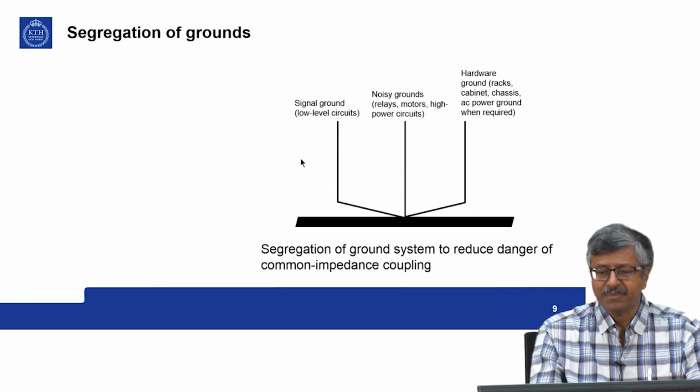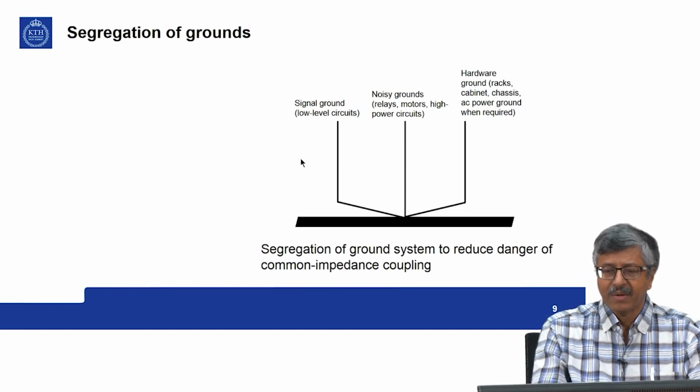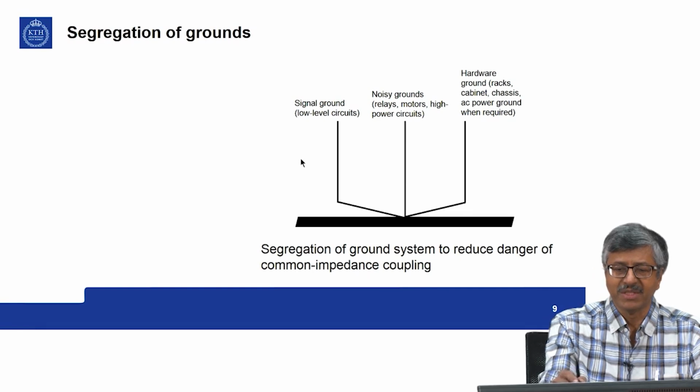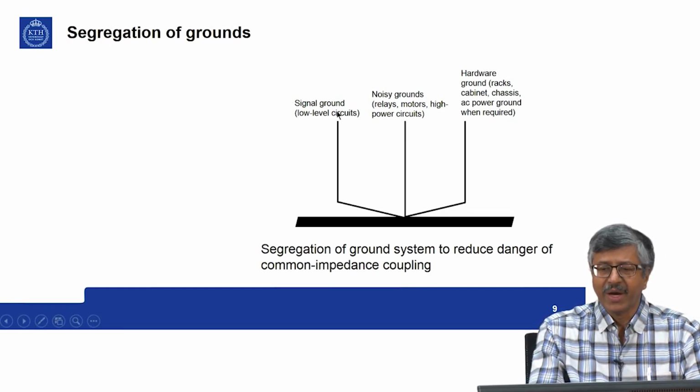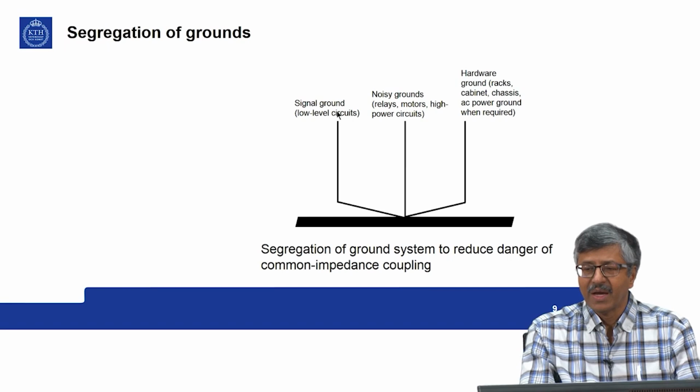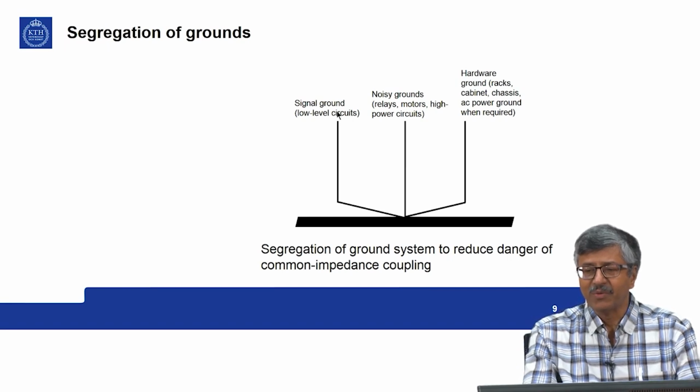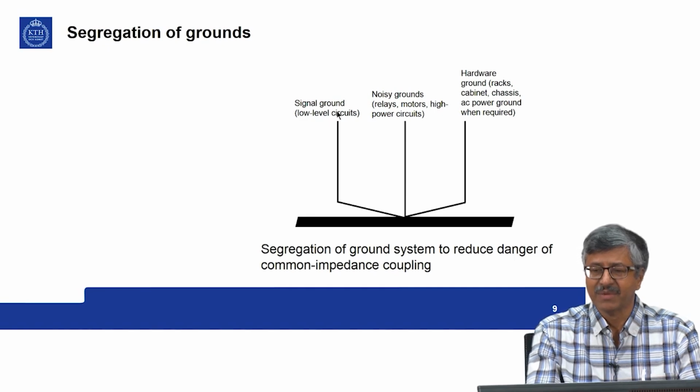Segregation of grounds. Here you can have several types of grounds. Say, for example, signal grounds, which are very low level. You have noisy grounds from relays, motors, high power circuits, etc., where the currents are fluctuating. And you have hardware ground where normally you do not carry any current, but only under fault conditions.